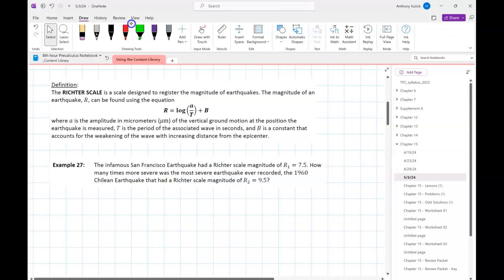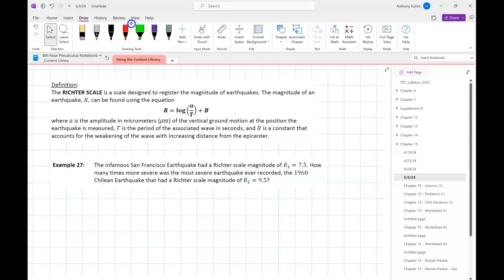Next situation, Richter scale. What do we use the Richter scale for? Earthquakes. Measuring the magnitude of earthquakes. Great. Our equation says R, the magnitude of our earthquake, is equal to log of A over T plus B. A is the intensity of the earthquake, the amplitude, the maximum distance displaced when the two plates move.